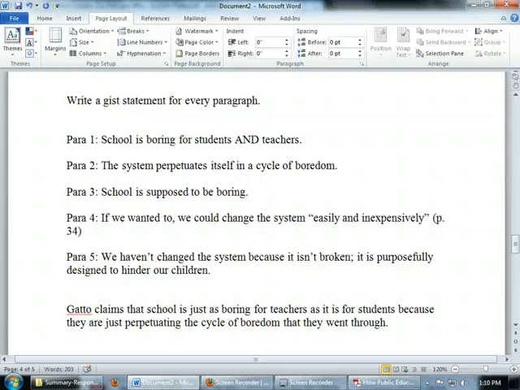We'll write another sentence. So here's where Gatto is talking about how easily we could change the system, but we haven't changed it, and why. So I'll put a little transition word in here.